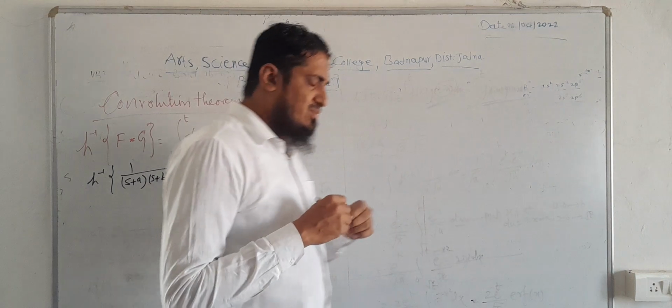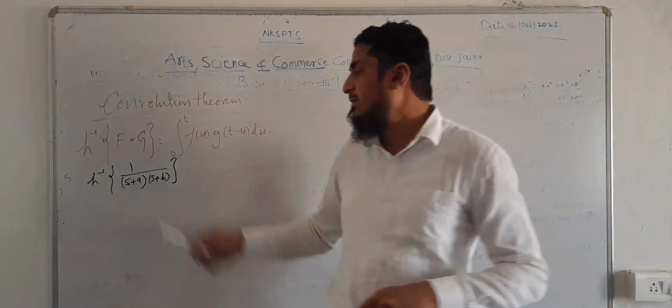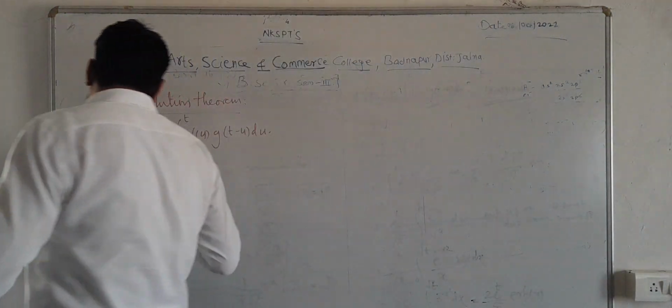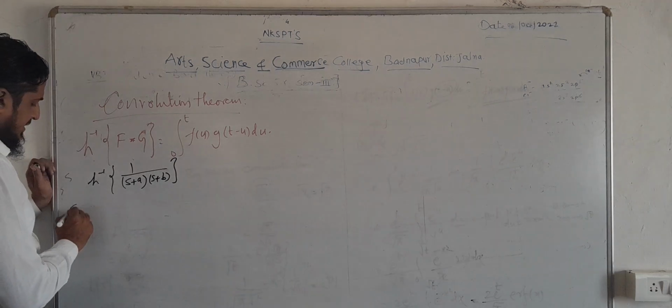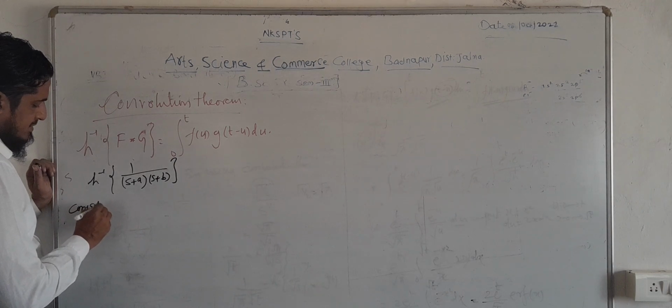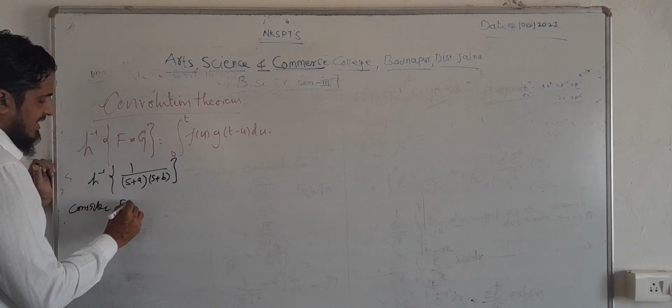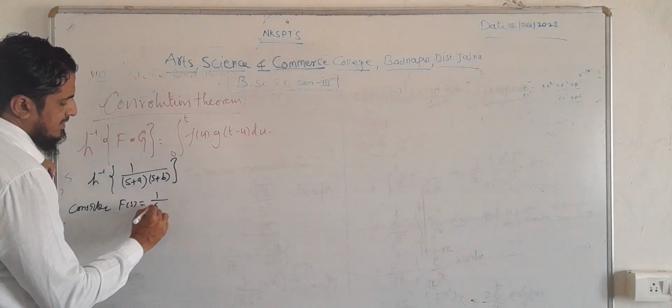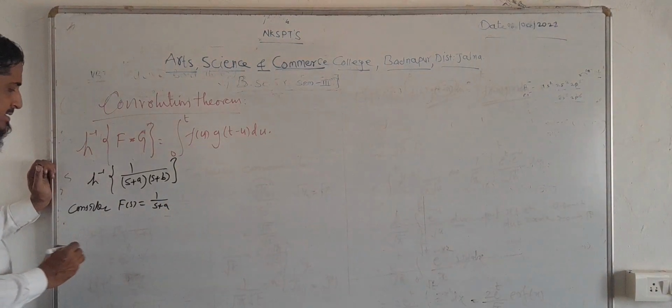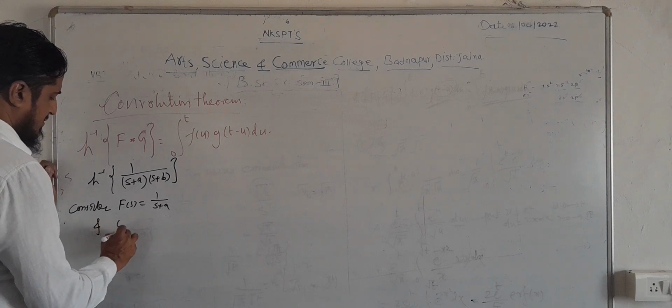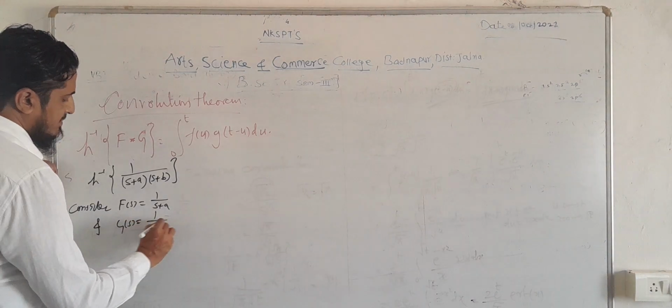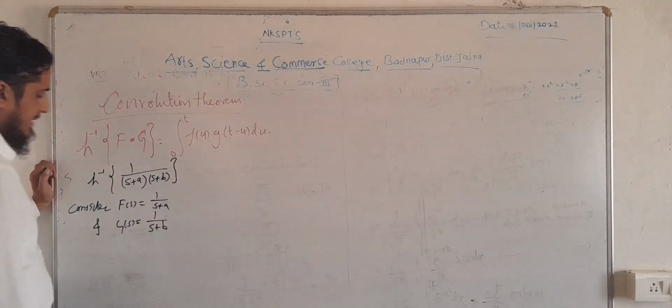We have to calculate the inverse Laplace transform of this function, and we can consider f of s equals 1 upon s plus a, and g of s equals 1 upon s plus b.